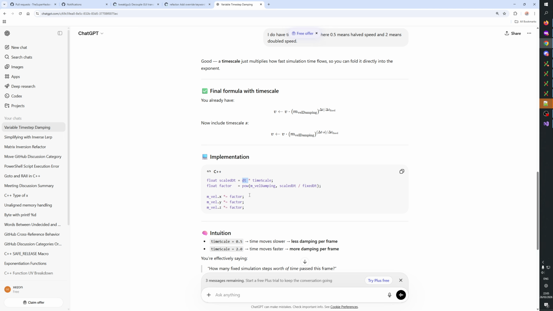What? Factor. Well damping scale dt divided by fixed dt.